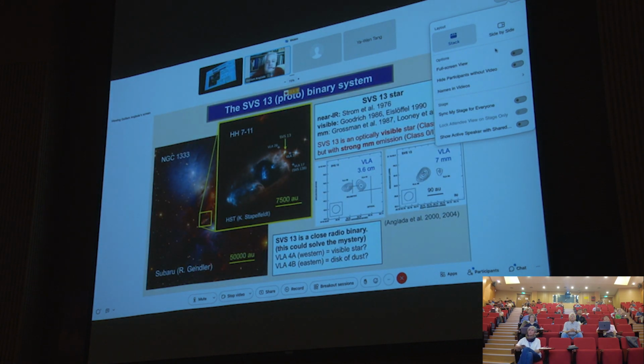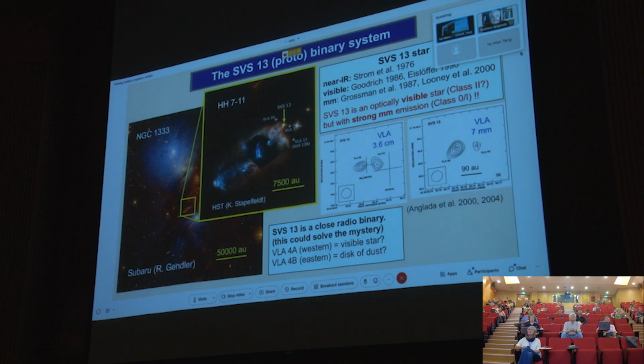ASIAA-13 is a star which is the assumed driving source of the well-known orbital object system 711 in the NGC 1333 star-forming region. This star was discovered as a near-infrared source, and around 1990 it became optically visible and has been visible since then.